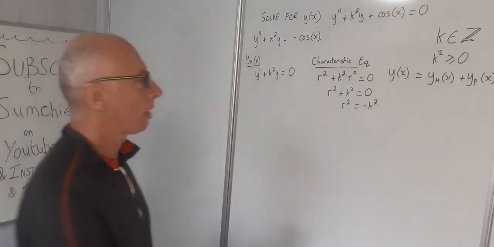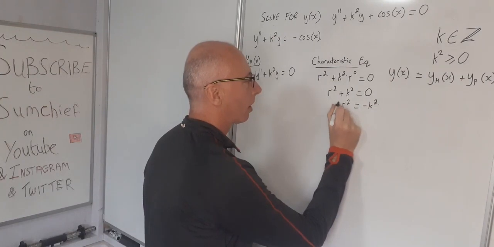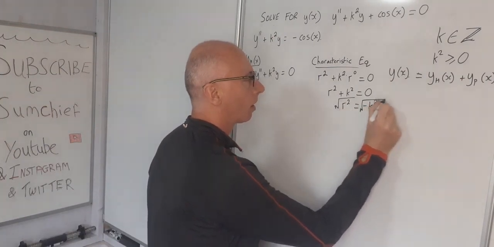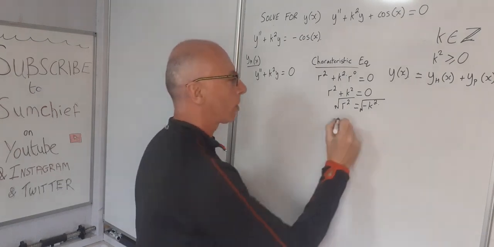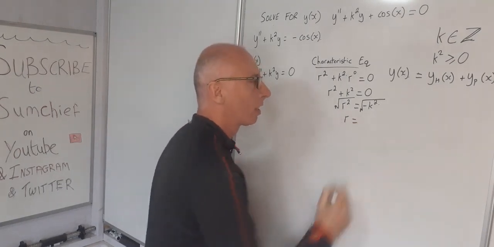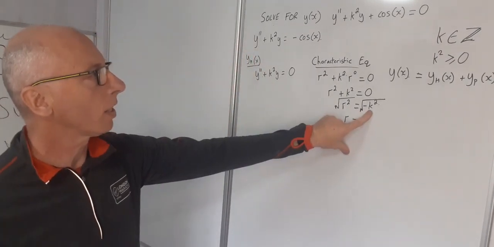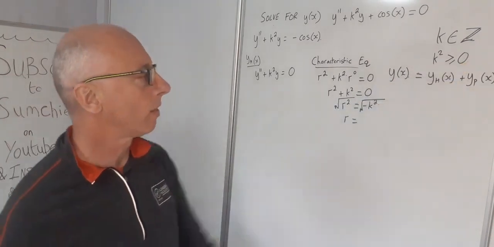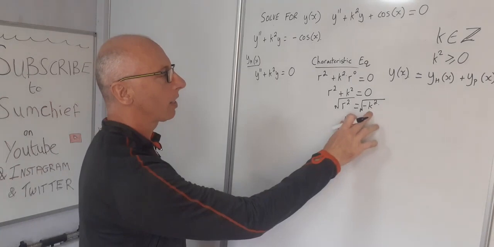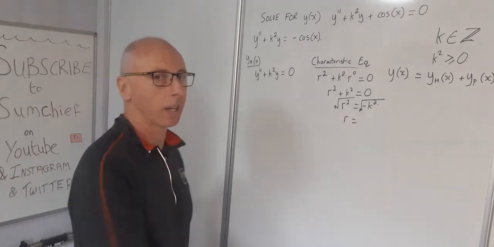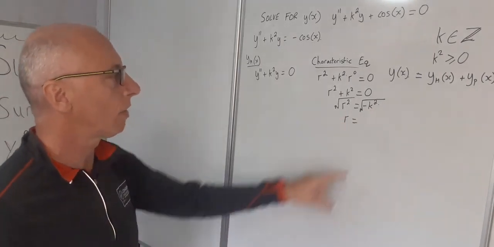So now we take the square root on both sides. And that's going to leave us, well, r squared, take the square root, that just leaves us with r, which is what we want. Now here, we know that k squared is greater than 0. That's not going to be less than 0. So we know that this is actually a minus value inside the radical.